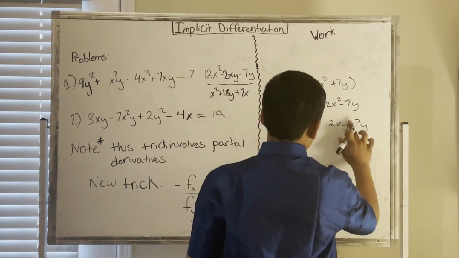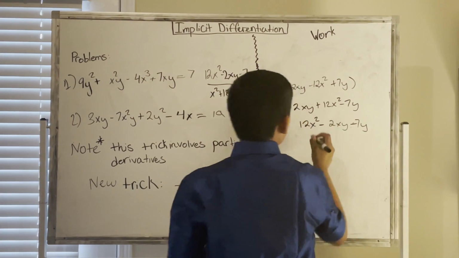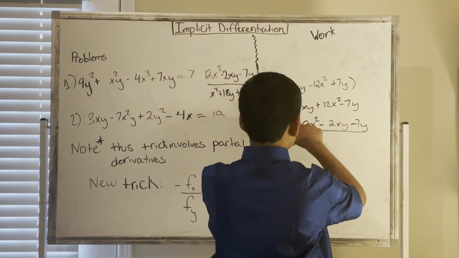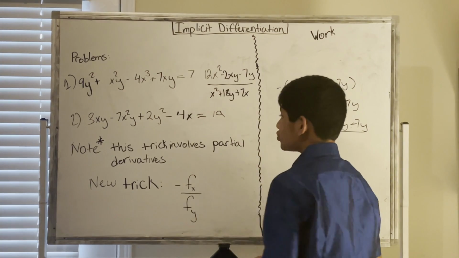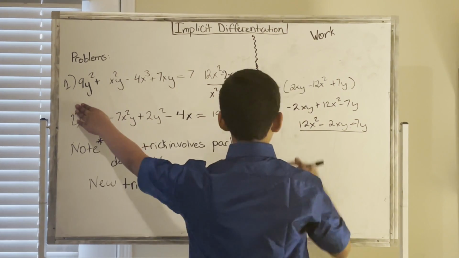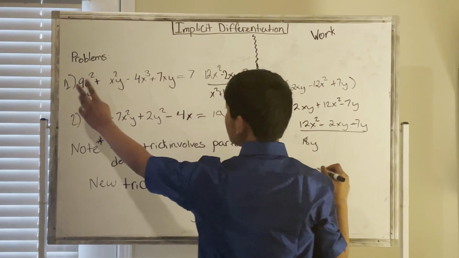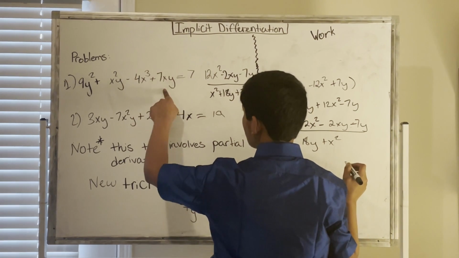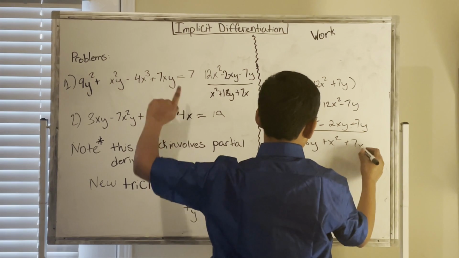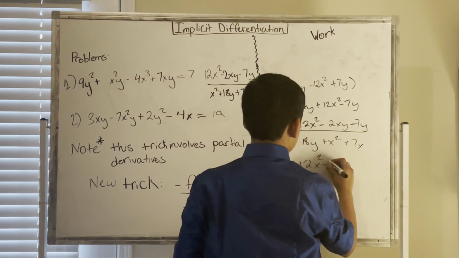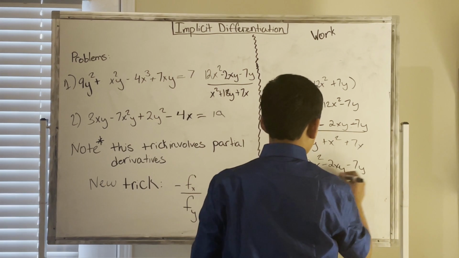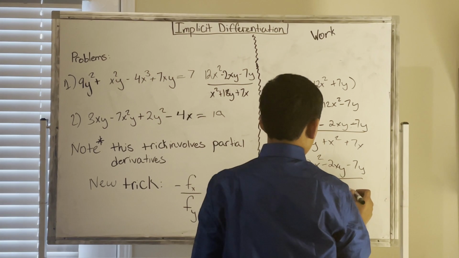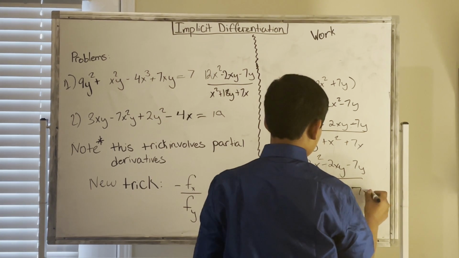Actually, for these, these are minuses. So we get this over the numerator. Since these are minuses, these become minuses, and this is just a plus, so it becomes a plus over there. Now we have the partial derivative with respect to y. Well, this becomes 18y, this becomes x squared, this becomes 0, and this becomes plus 7x, which we can simplify into 12x squared minus 2xy minus 7y over x squared plus 18y plus 7x.